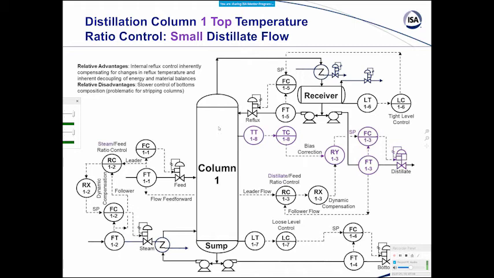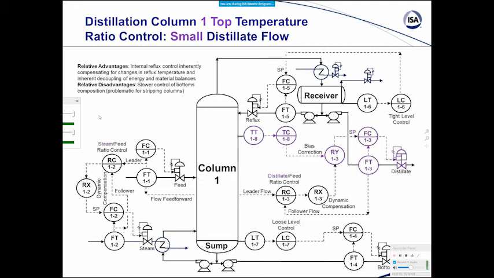So you have this common problem where you have a very cold, wet rainstorm come in, and you have a drastic difference in terms of the temperature of what's coming overhead, and maybe even the amount of vapor that's coming overhead, and also the temperature of the reflux coming back. And it turns out that this level control inherently compensates and changes this reflux flow in the right direction to deal with that. And it has the inherent decoupling of the energy and material balances.